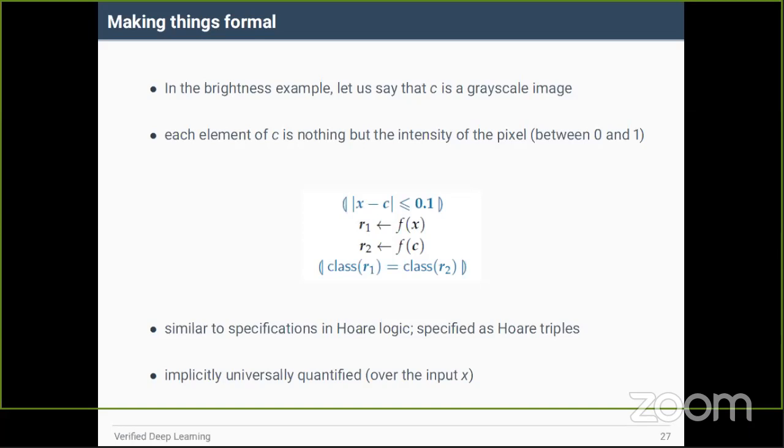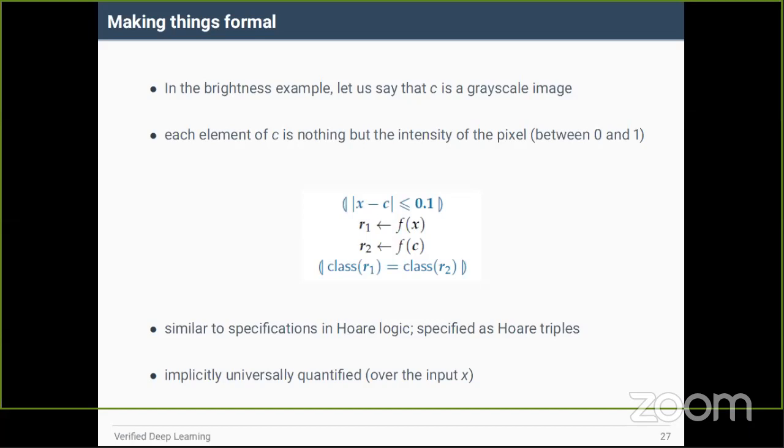So starting from this precondition and the network computing what it is computing, you want to establish that the postcondition holds. This way of writing it is called specifying as Hoare logic or Hoare triples. So what are the three things here? It's a triple, right? The three things are the precondition, the postcondition, and the computation, which is the network part, right in the middle. And notice that this is implicitly universally quantified over x.